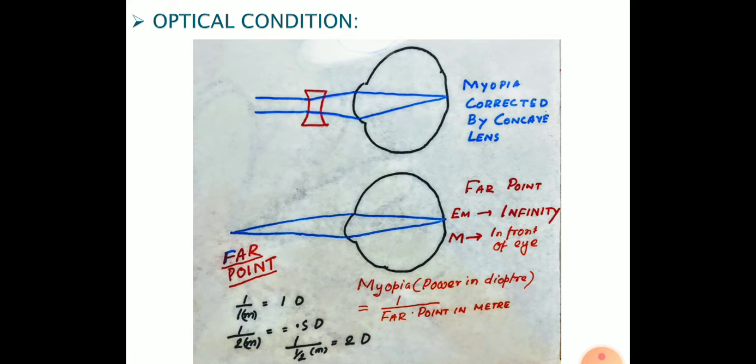The amount of myopia is measured by a formula, that is 1 divided by far point in meters. That is, if the far point is 1 meter from the cornea, then his myopia is 1 divided by 1 equals 1 diopter. Similarly, when it is 2 meters from the cornea, it is 0.5 diopter.